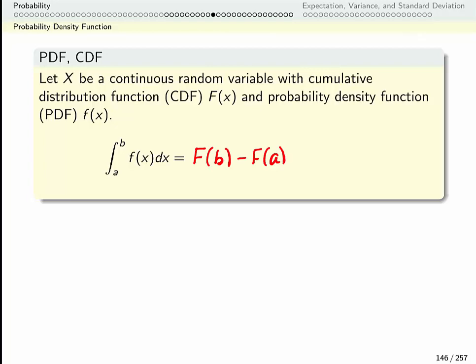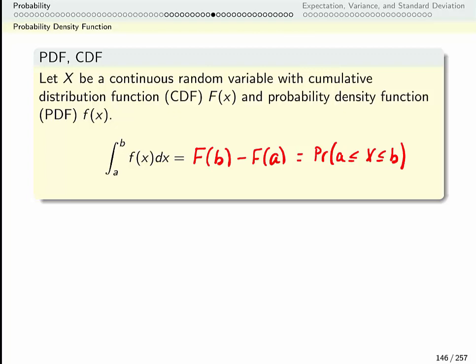And we've seen before, if I take the cumulative distribution function and I take F of b minus F of a, provided b is greater than or equal to a, this is precisely the probability that our random variable is less than or equal to b, that's F of b, and greater than or equal to a. We've subtracted off all of the instances where it's less than a.